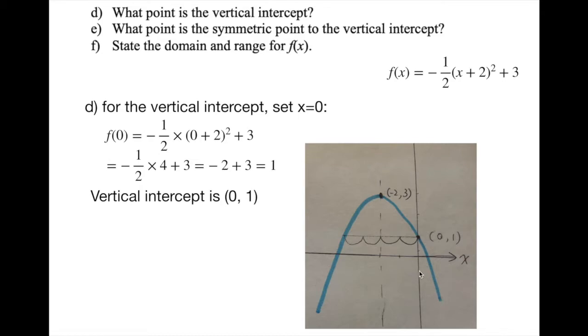And then you want to know the symmetric point of this point. So first, you draw a horizontal line. And then you know that this point here is its symmetric point. Then how to get the x and y coordinate? First, x coordinate.